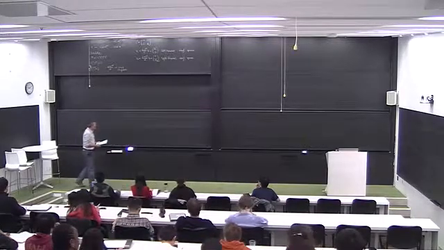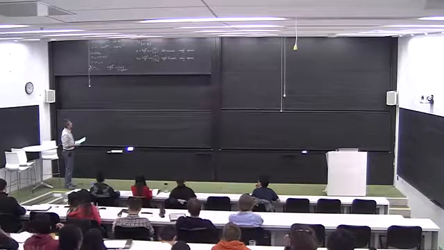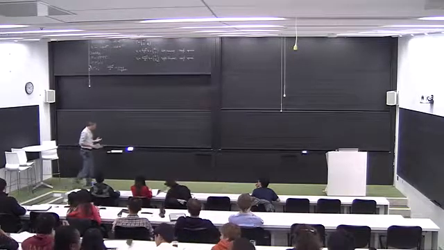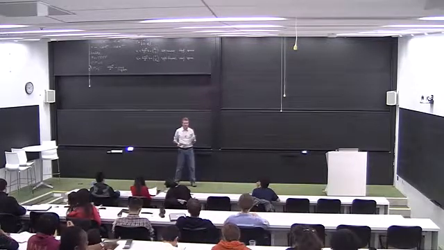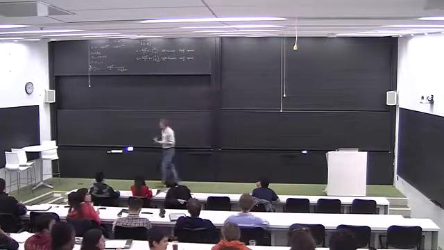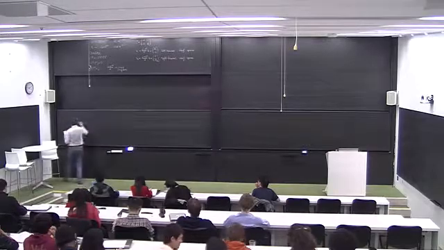Now, what mixes them is parity transformations. As we have seen last time, the gamma 5 matrix behaves as a pseudoscalar.